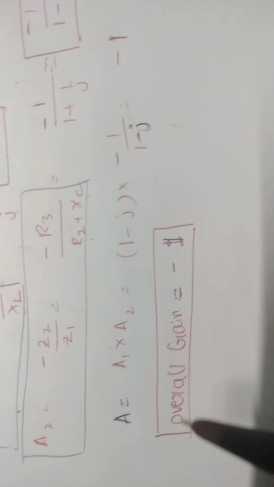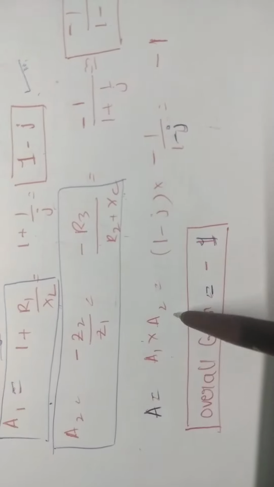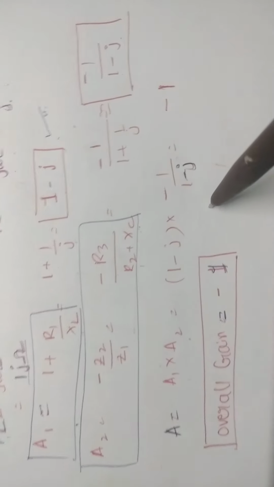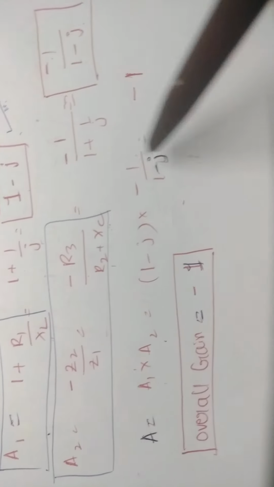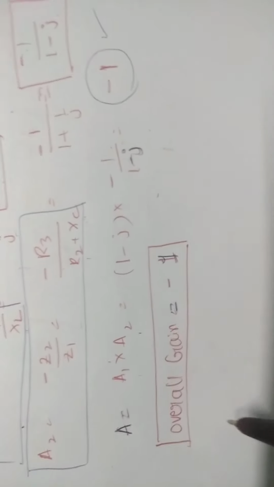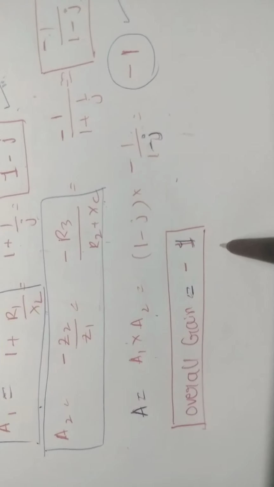The overall gain A is equal to A1 into A2. What is A1? 1 minus j. What is A2? Minus 1 by 1 minus j. So you simplify this. The overall gain of this circuit is minus 1. Look at the circuit.